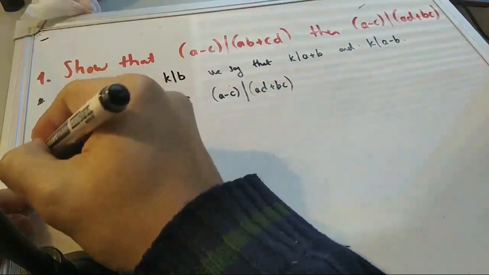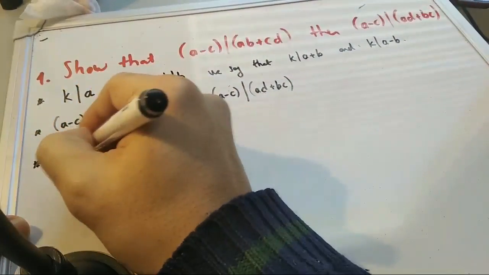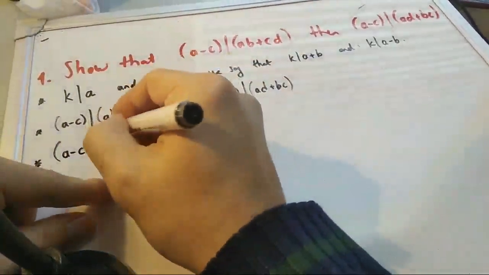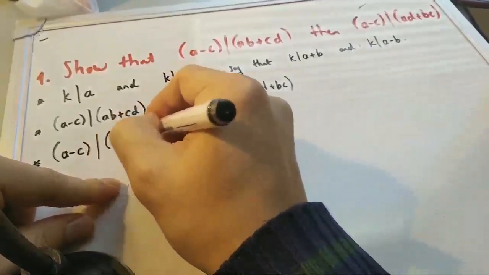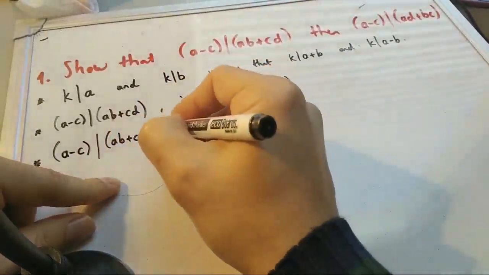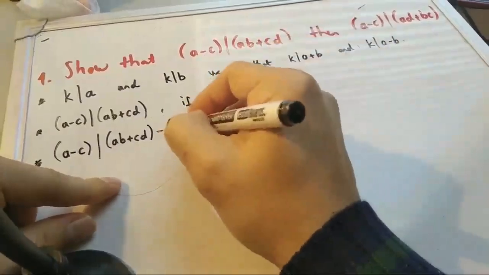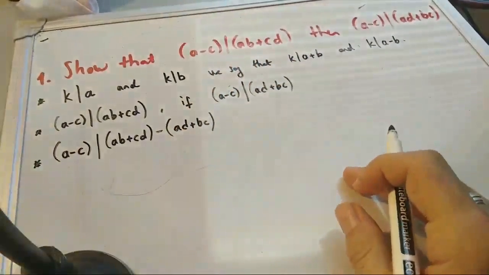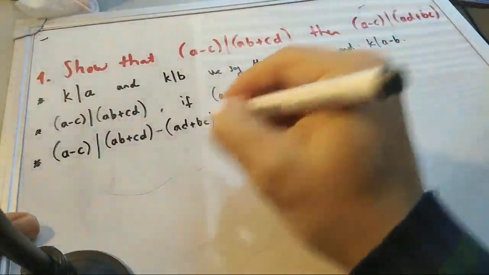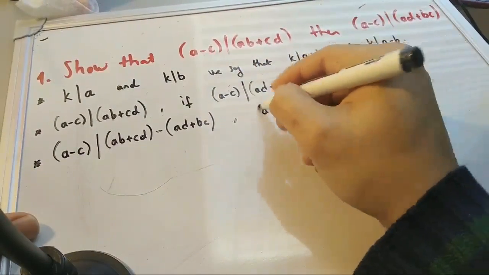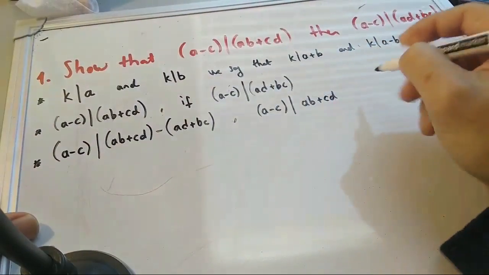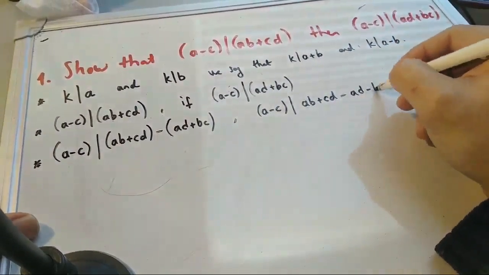Let's do this. a minus c divides, I am taking the difference, ab plus cd minus ad plus bc. So a minus c divides ab plus cd minus ad minus bc.